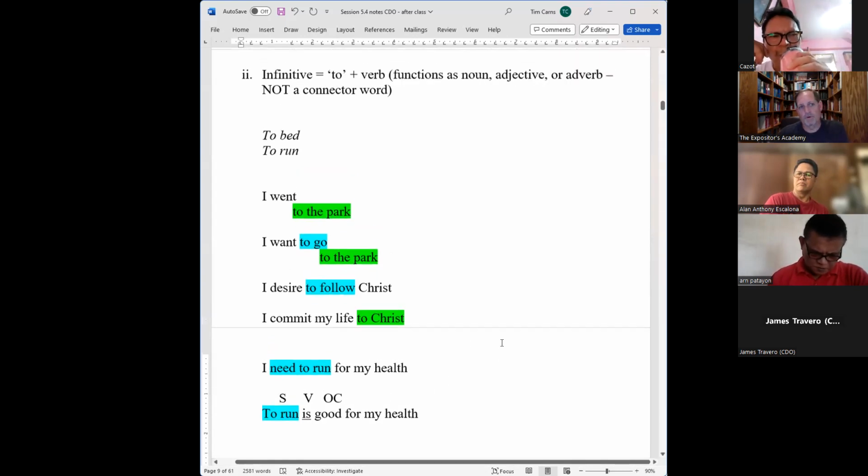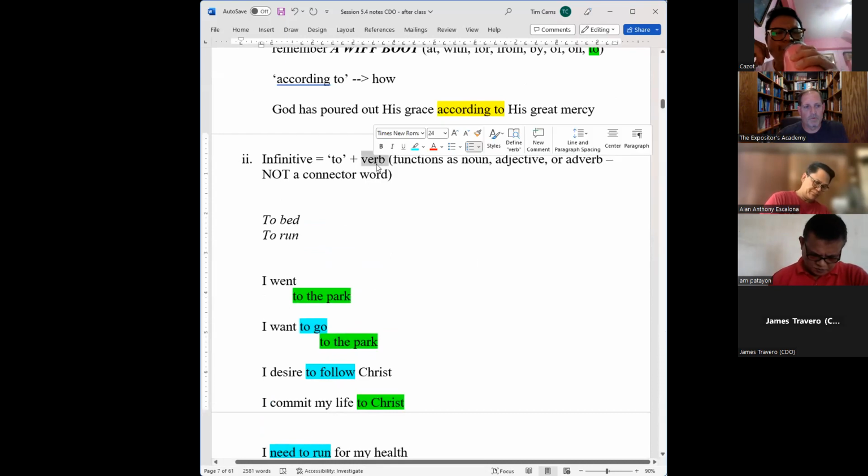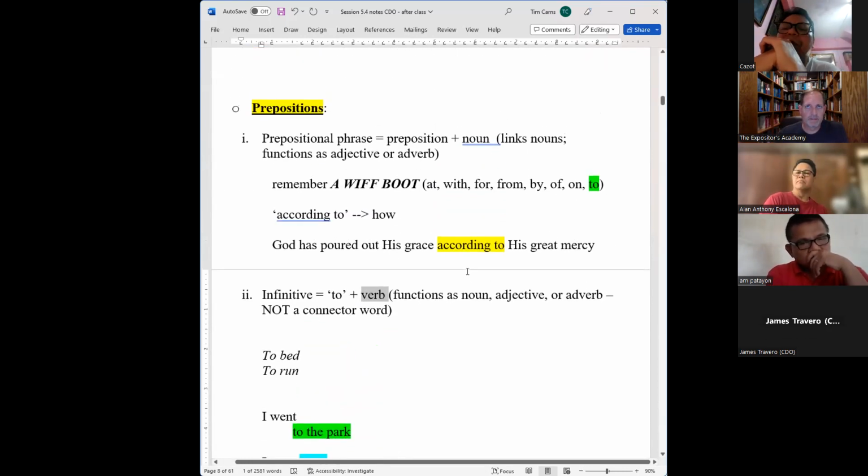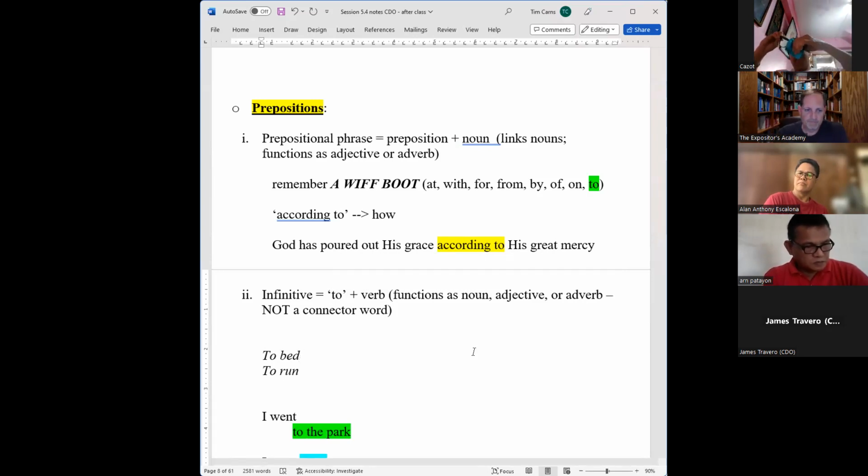So all you need to worry about right now is just look for a verb. What follows the to, a verb or a noun, and you don't have to worry about this for other prepositions. Technically, there are a few cases where other prepositions might be followed by a verb, but all you got to do is just look and see what follows the preposition, especially if it's the word to. If a verb follows it, okay, infinitive. If it's a noun, preposition. That's all you got to worry about.